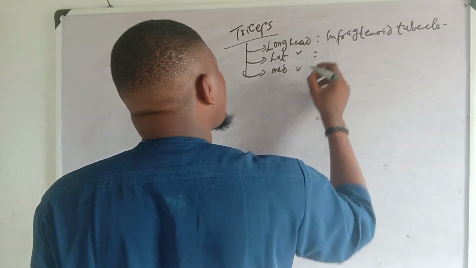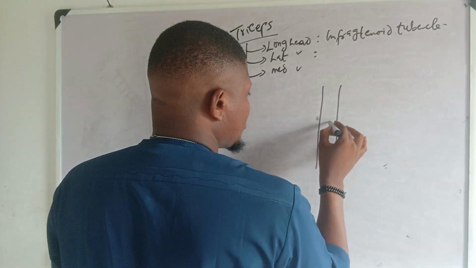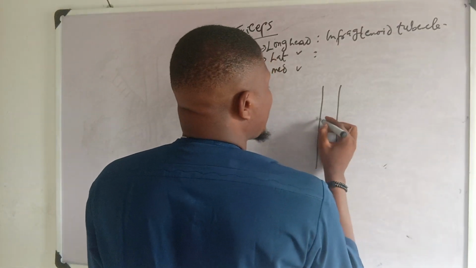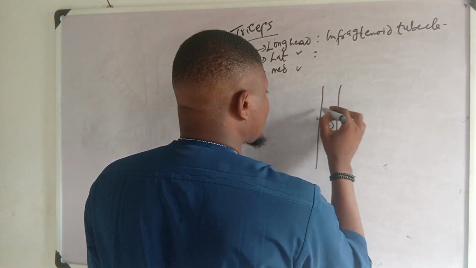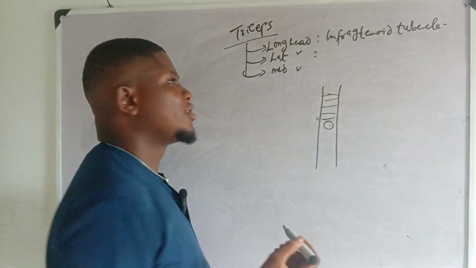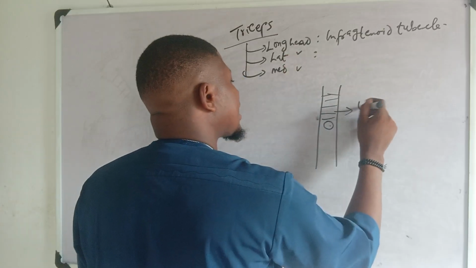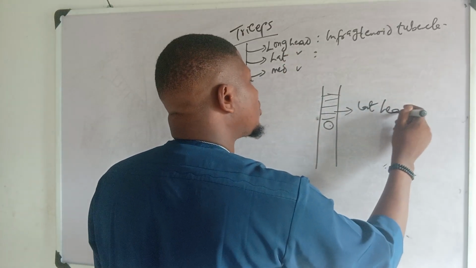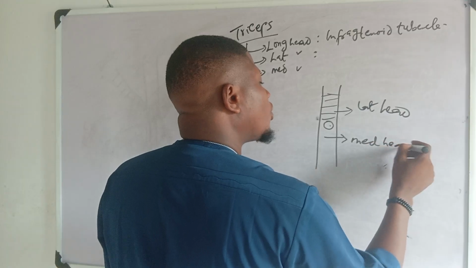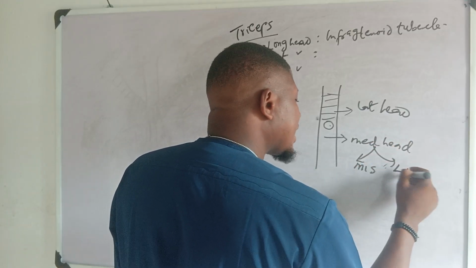Then let's say this is the posterior aspect of the humerus. Remember the radial groove is at the mid shaft. So on the posterior aspect of the humerus, above the radial groove is lateral head, but below is medial head. Also, medial head originates again from MIS and LIS.